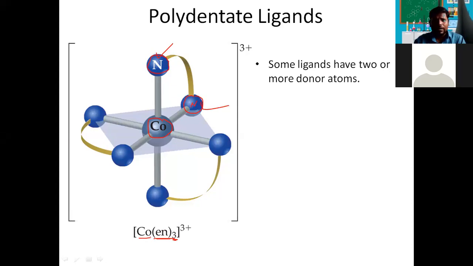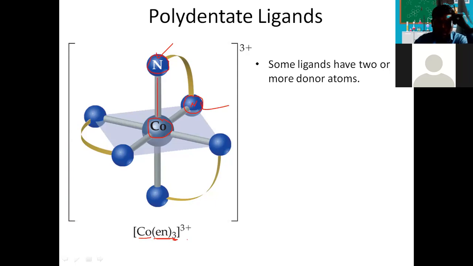So we can see here that all the nitrogens in en are neutral donating atoms, because en is a neutral molecule, and it has a lone pair of electrons on the nitrogen that it gives to the cobalt central metal ion to form this bond.